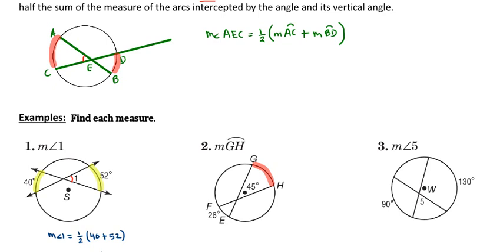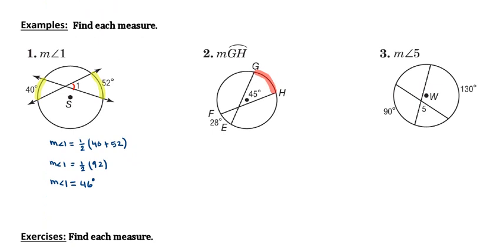As long as you have the other two pieces, you should be able to find the third one. So in this case, we have two things. We have the measure of arc FE, and we have the measure of this angle. This angle is 45 degrees, and we're looking for this arc.